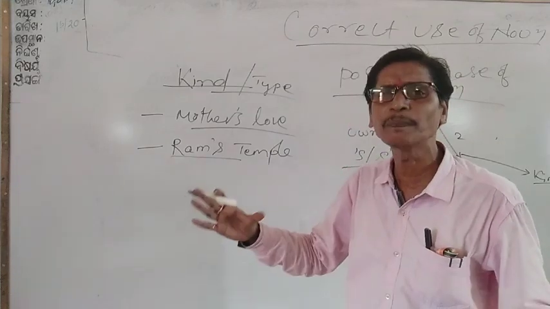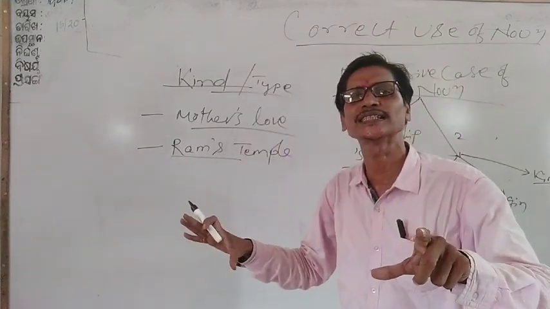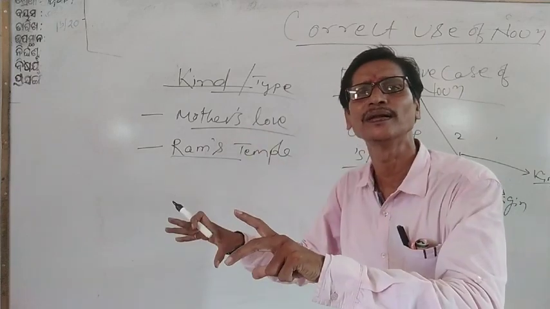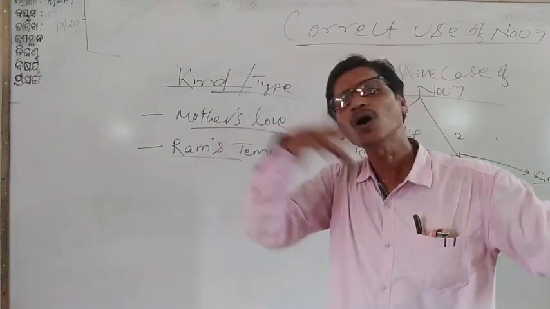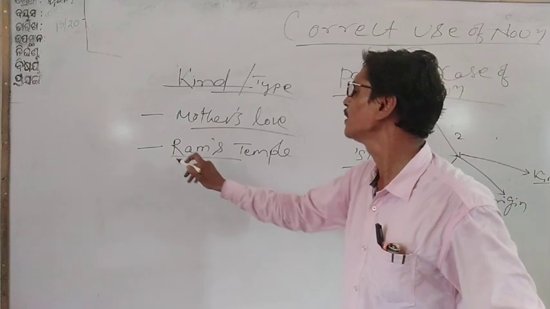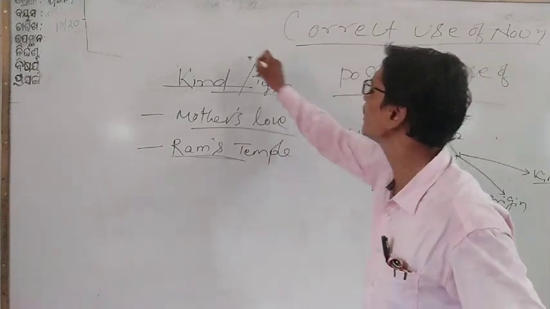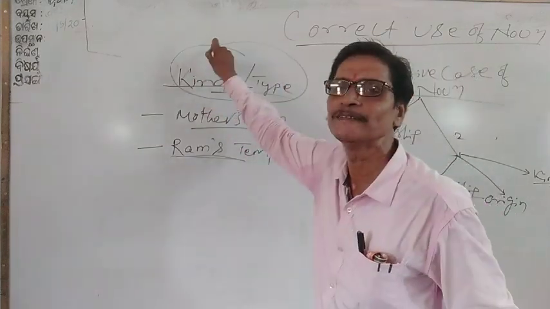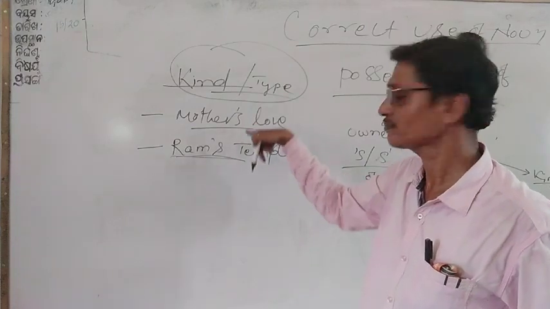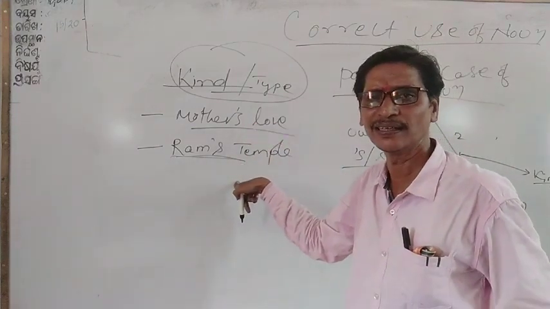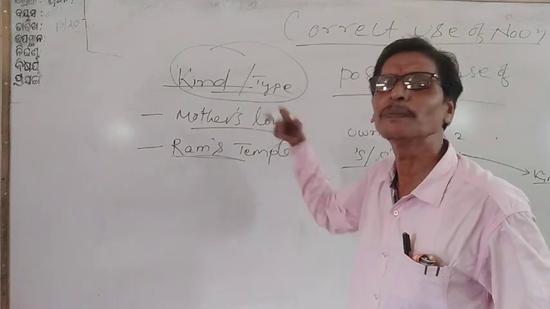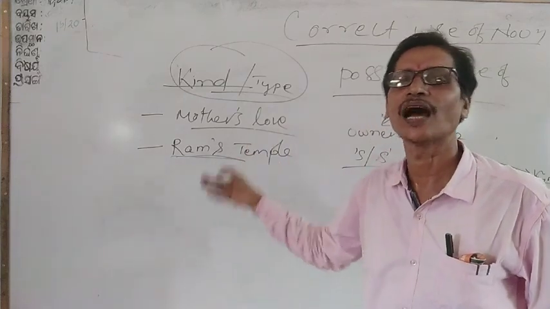For Ram's temple, a specific structure is necessary. So it is a kind of temple that cannot be compared with other kinds of temples. Therefore, when we are talking about kind or type, like mother's love, Ram's temple, etc., we use the possessive case of noun.